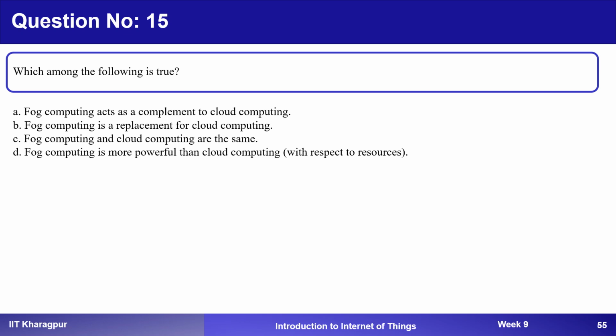And option D is not correct because the fog nodes are less powerful, they have fewer resources and less processing power as compared to your cloud. So basically fog computing is not more powerful as compared to your cloud computing.